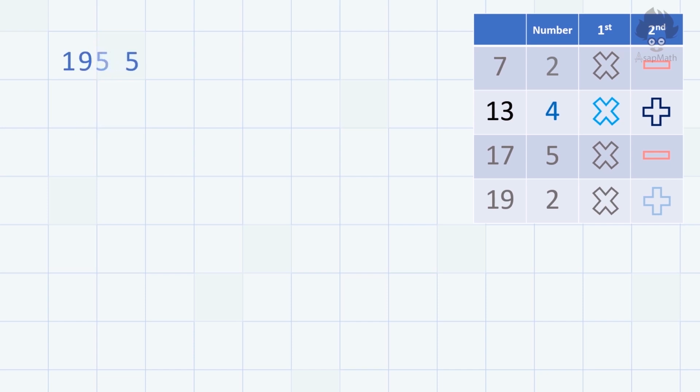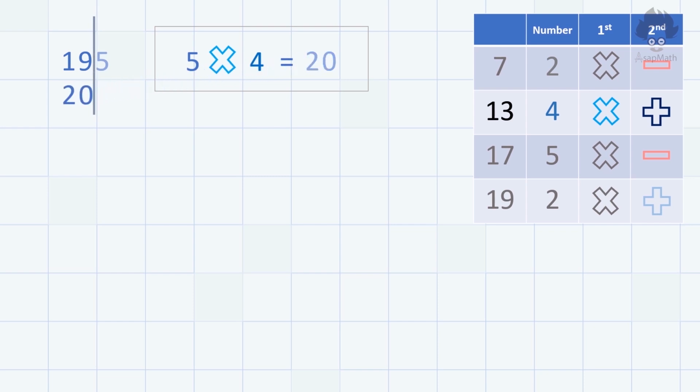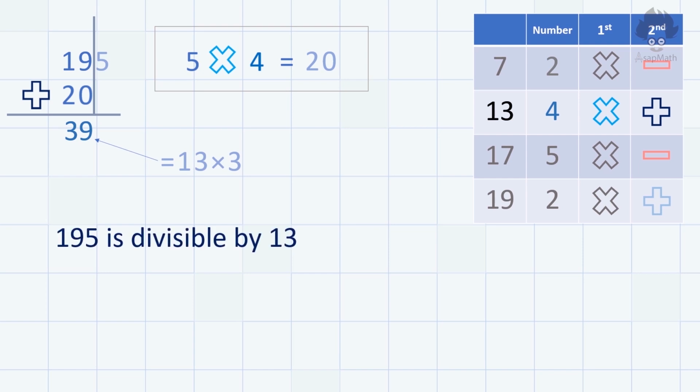Last digit is 5. It is multiplied by 4. Answer is 20. It is added to the remaining number. Then the answer is 39. It is divisible by 13. So whole number is divisible by 13.